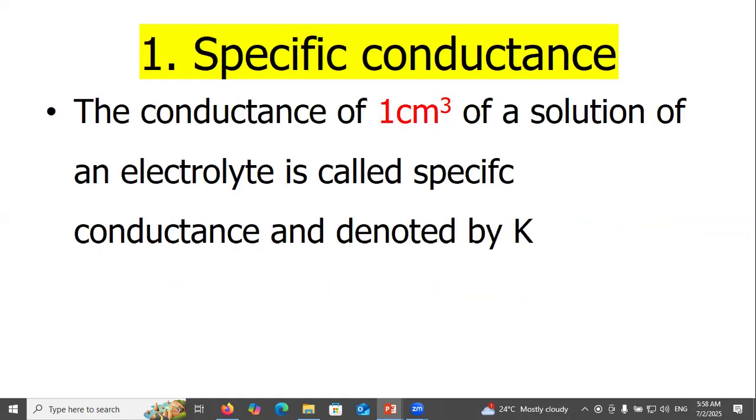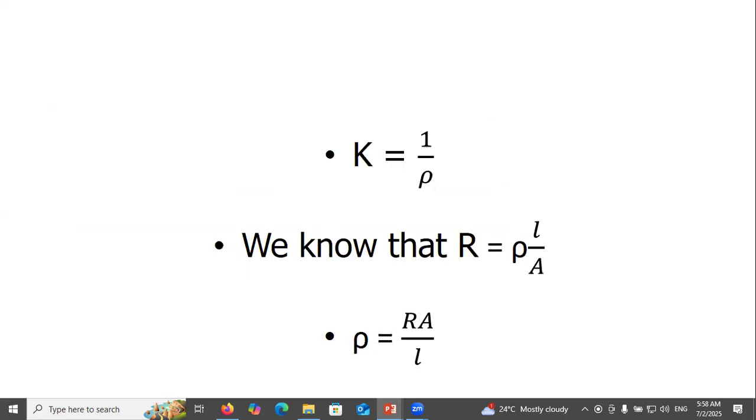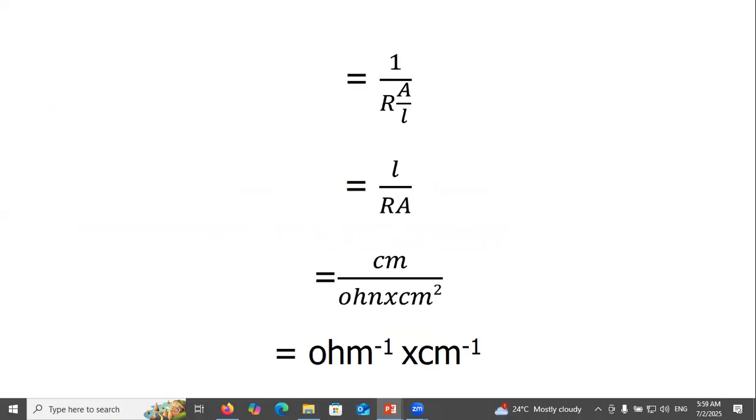Specific conductance. The conductance of 1 cm cube of a solution of an electrolyte is called specific conductance and denoted by K. K equals 1 over rho. We know that R equals rho L by A, so rho equals R A by L. I can again simplify.